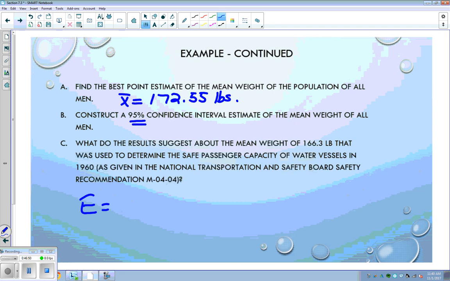Because I know sigma, I'm going to use Z of alpha divided by 2. I'm going to multiply that by what? The standard deviation. And I'm going to divide by the square root of n. That's my formula when I know sigma.